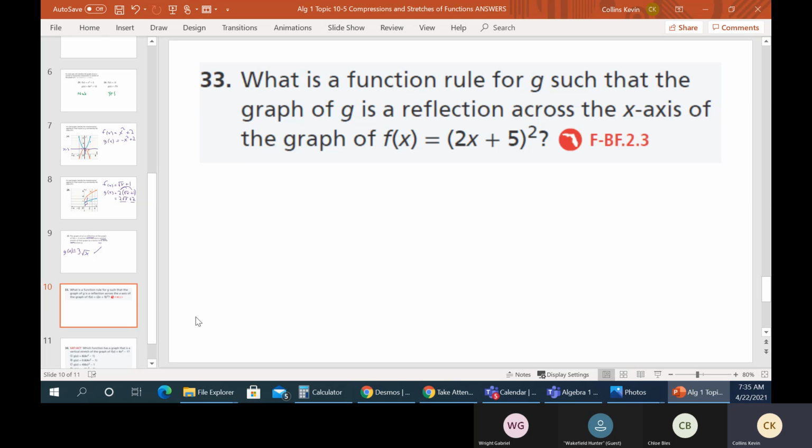Okay, so for this one, literally all we have to do, we don't necessarily need to multiply this out, but you could, but you don't have to.